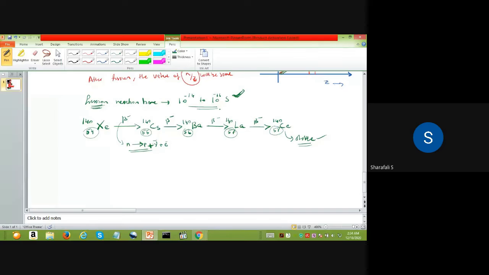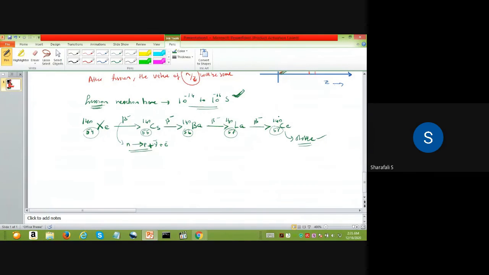Okay, and then it will come to that stability line. So immediately two neutrons come out along with that fission process. Okay, then after that those daughter nuclei again continuously go through these beta decays, and it will form this stable nucleus.